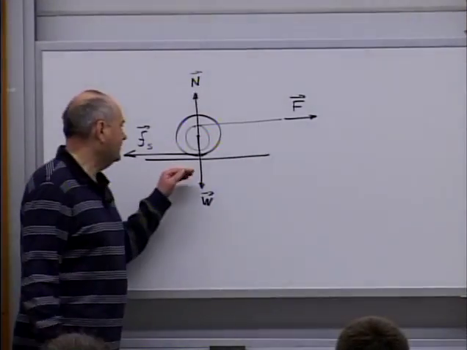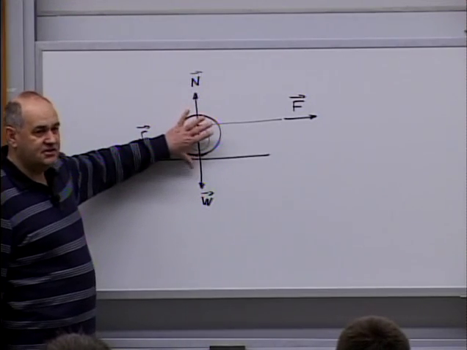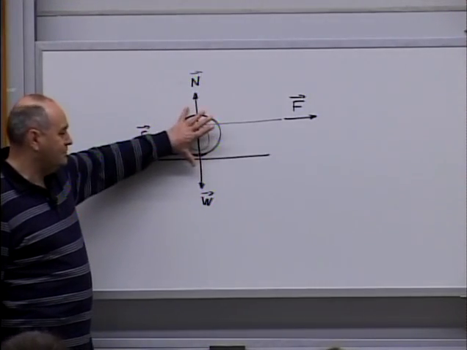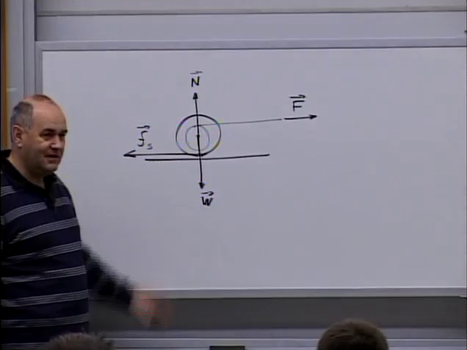Yes, so we have one force up, one force down, one to the right, one to the left. Which way is the net force? It's easy to figure out that these two balance each other out, right? So these two add up to 0. Normal force and weight add up to 0.